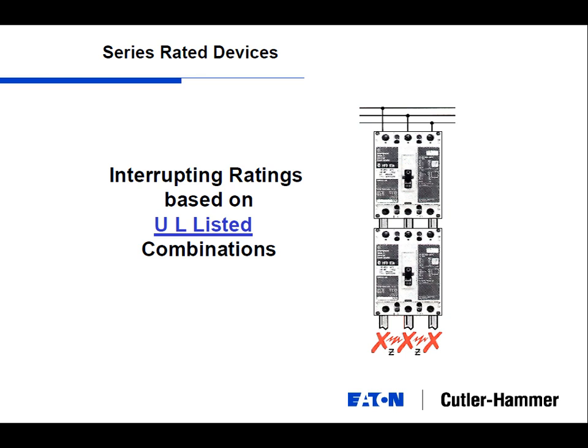If I've got a bunch of branch devices under my main and I'm series rated and my main trips out, everything else is going down. So you have to have an installation where that's fine. It's not going to hurt you if it's just lights or receptacles, and I don't lose any computer loads or anything like that, no big deal.